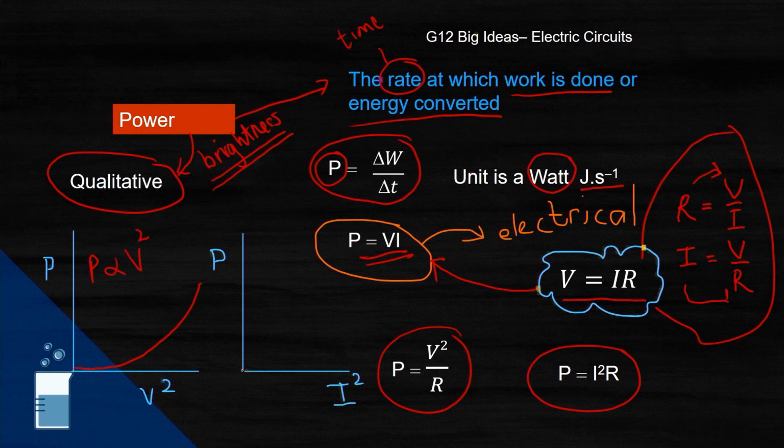The same applies for this graph here, where we plot power versus the current flowing through the conductor, and P is directly proportional to the square of the current. Those we can use to solve problems. It will be up to you to decide which formula you're going to use, depending on what information has been given to you.